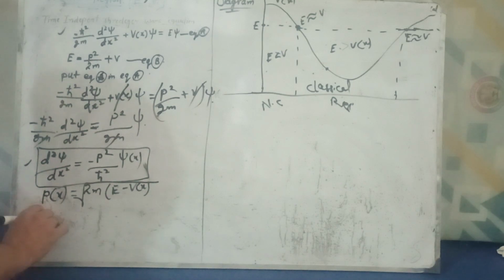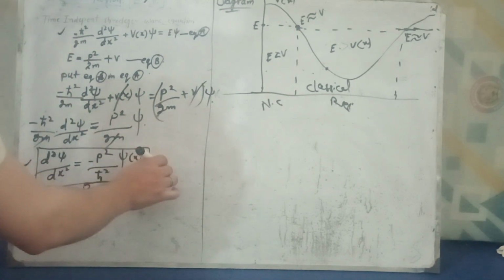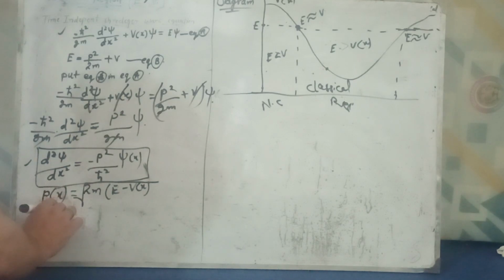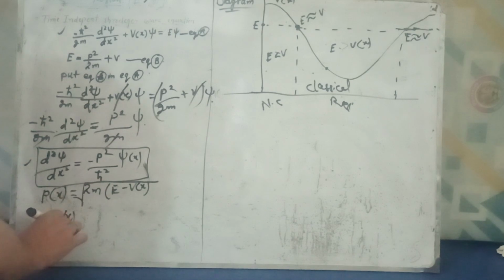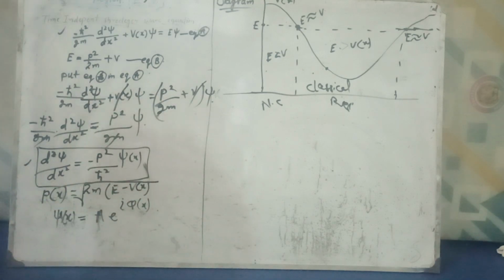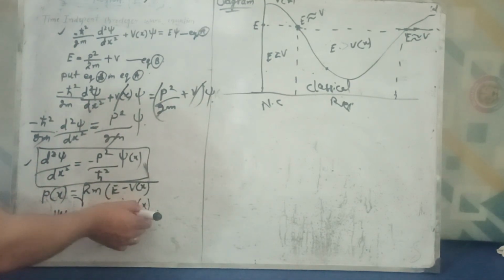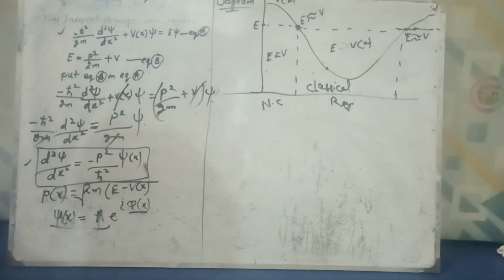For this system, the wave function psi of x is equal to A exponential i phi of x. This is the wave function. A is the amplitude, phi is the phase, and psi is the simple wave function.